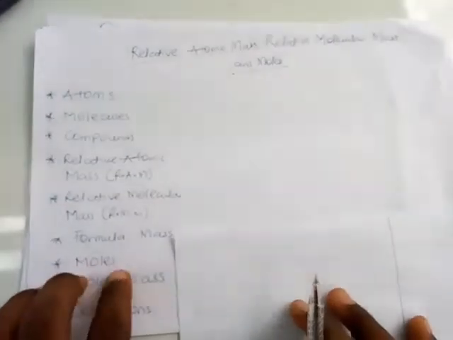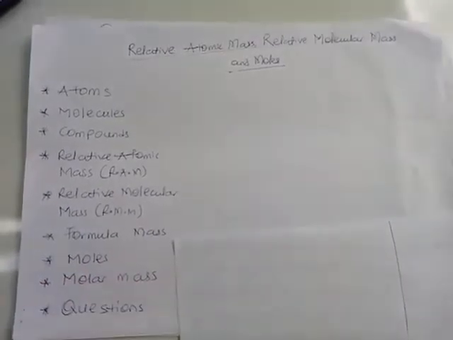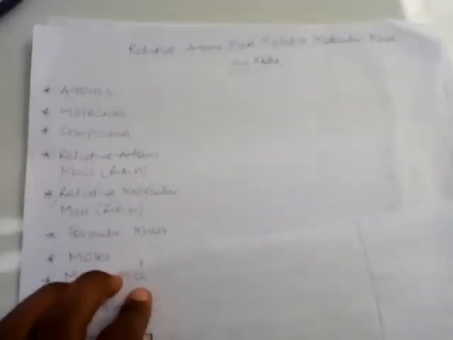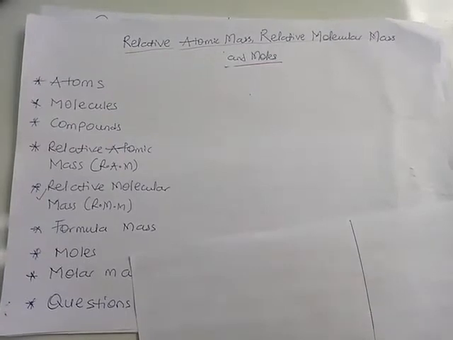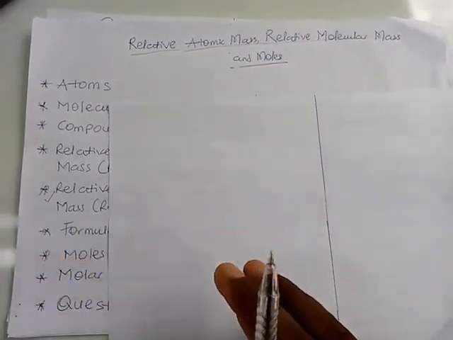The next we have here is relative molecular mass. This is where I am now. We have discussed atoms, molecules, relative atomic mass. Now the next here is relative molecular mass. So what then is the relative molecular mass?